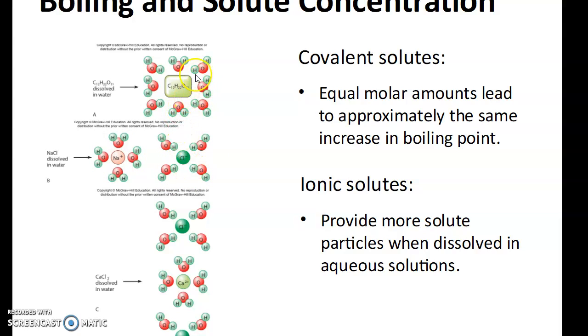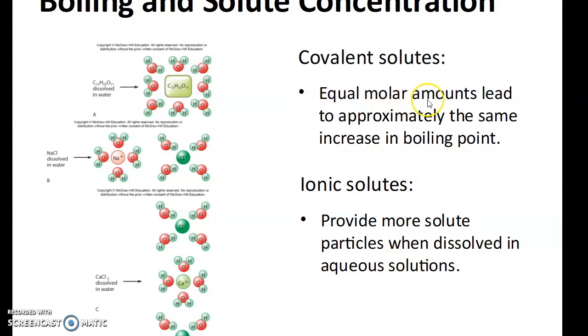So 1 mole of sugar gives you 1 mole dissolved, while 1 mole of sodium chloride gives you 2 moles of ions. And with calcium chloride, you'd have 2 chloride ions and 1 calcium ion, so you'd have 3 times as many.